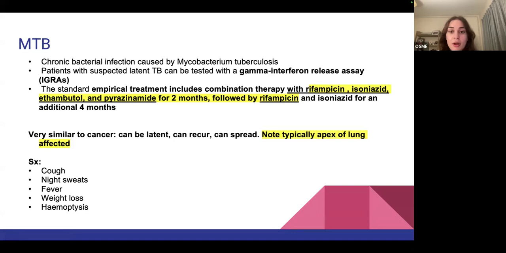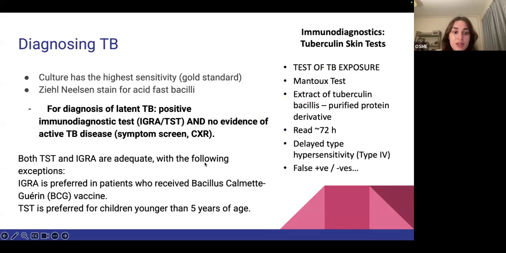Latent TB can be tested using the IGRA or interferon gamma test, and that tends to be better than the tuberculin skin test. Essentially, this is also known as the Mantoux test, and they'll put a little bit of antigen into the skin, and it causes a delayed type 4 hypersensitivity reaction.